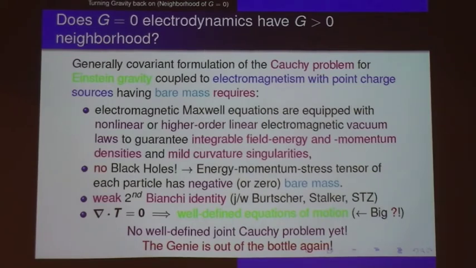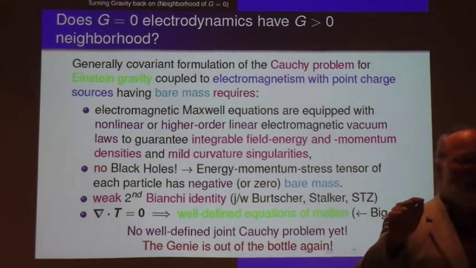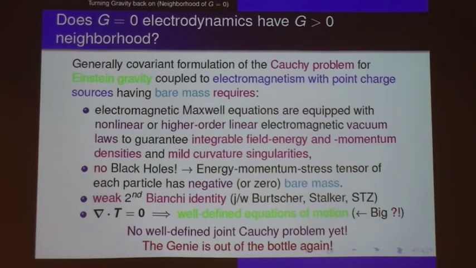And it turns out, I wrote here the genie is out of the bottle again, that to my surprise, even though the electromagnetic vacuum law has been changed and improved to the extent that you no longer have non-integrable field energy densities and momenta, this is not enough to get a well-posed joint initial value problem in general relativity.